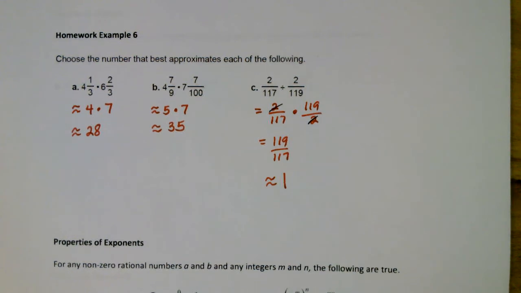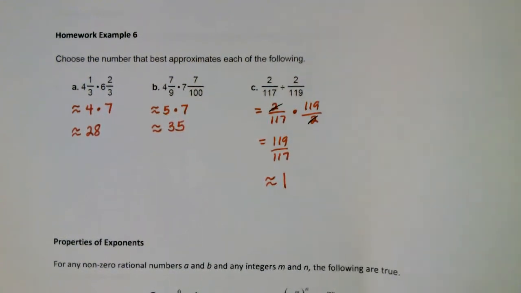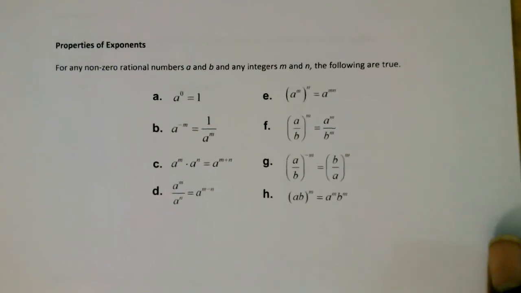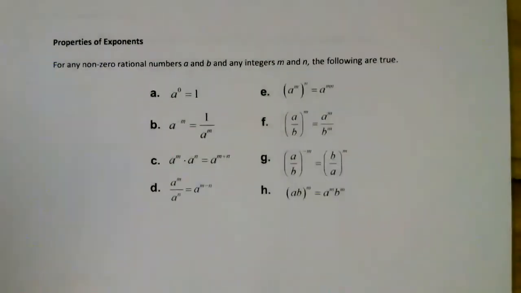All right, now let's talk about properties of exponents. In Math for Teachers 1, you were introduced to exponents and to some of the properties of exponents. Now we're expanding this to include negative integers.